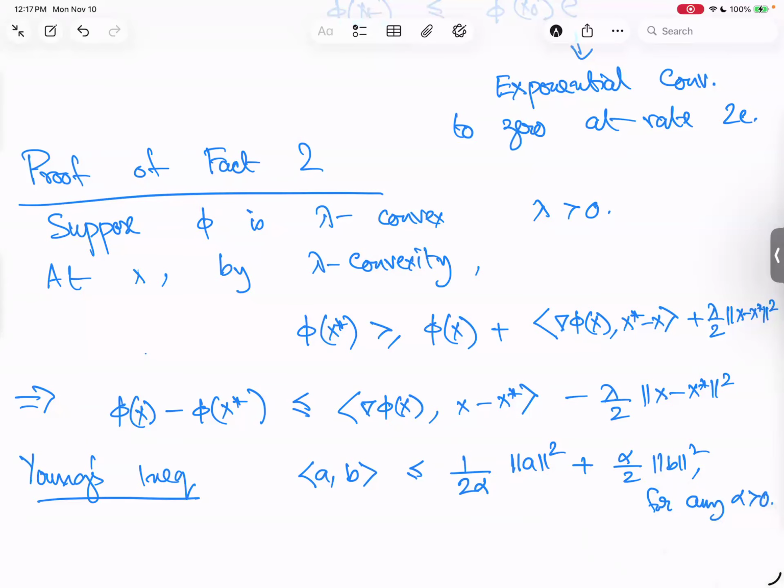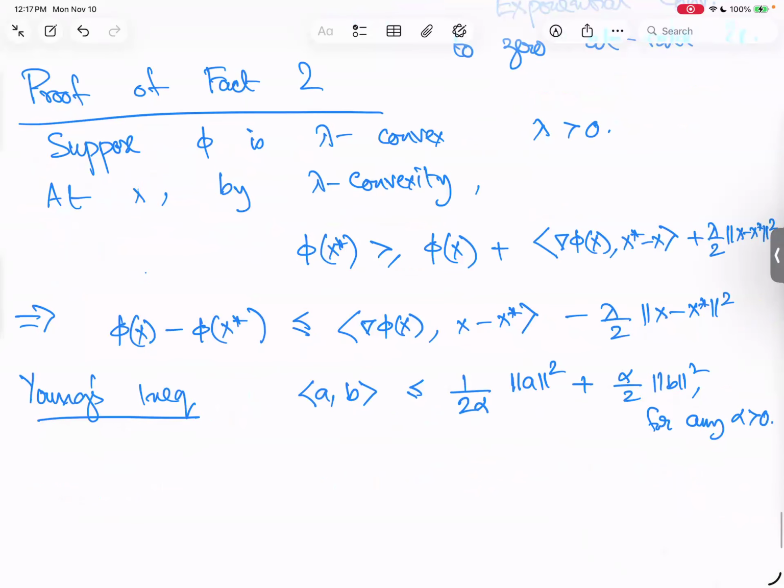So verify that this Young's inequality is always true. For alpha equal to 1, I'm sure you can prove this, and then for any other positive alpha, it is basically the same argument. And I'm going to use this Young's inequality for this middle term.